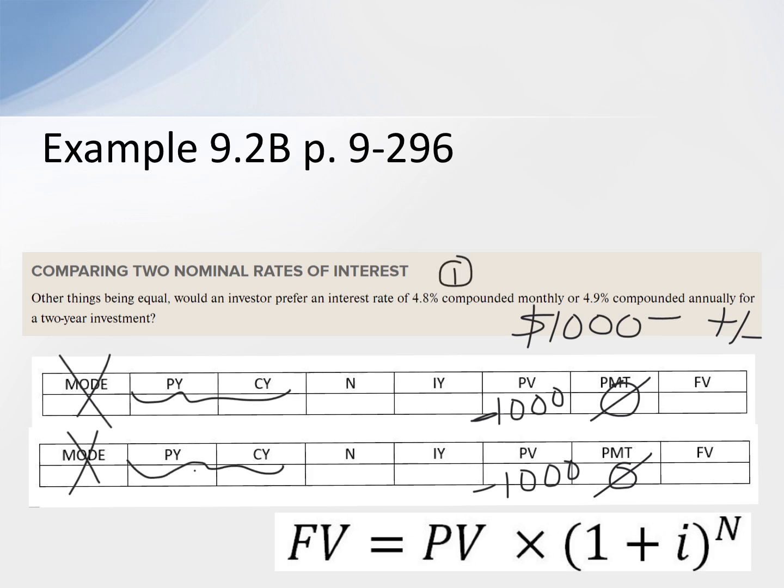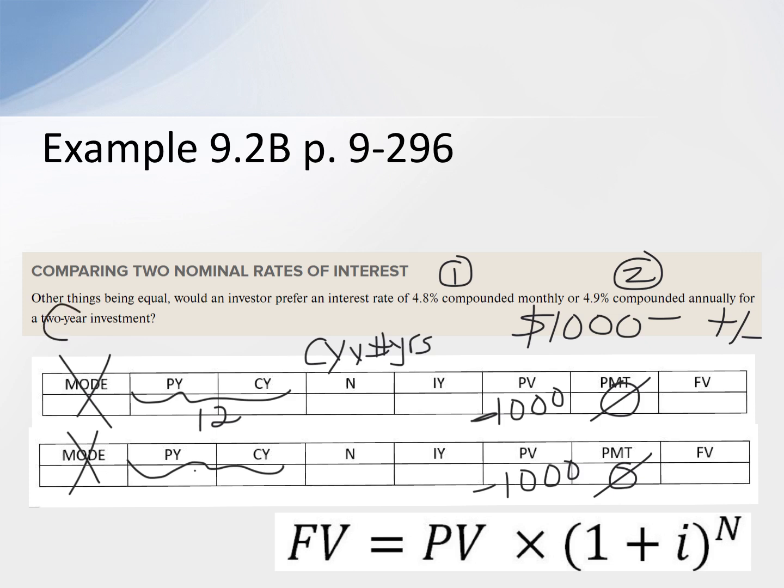So we have two sets of investment terms. One at 4.8% compounded monthly, and the other at 4.9% compounded annually. So in the first case, we're going to have a payments per year and compounds per year of 12. Our N we need to calculate. We find that by multiplying our compounds per year times the number of years.